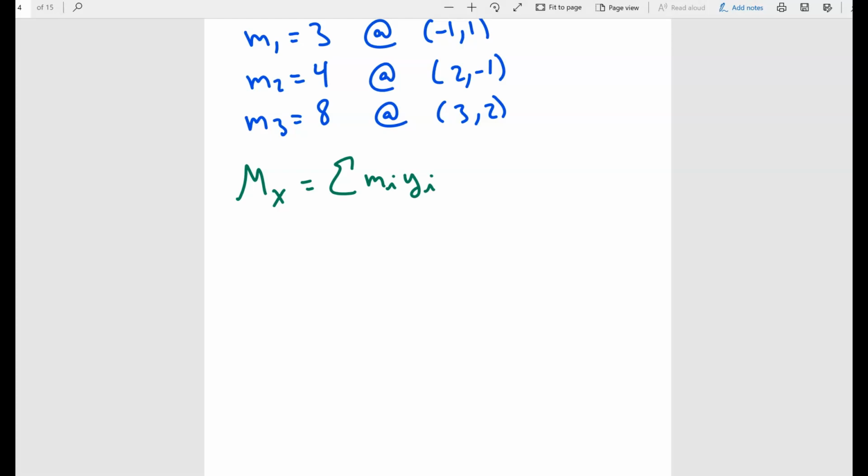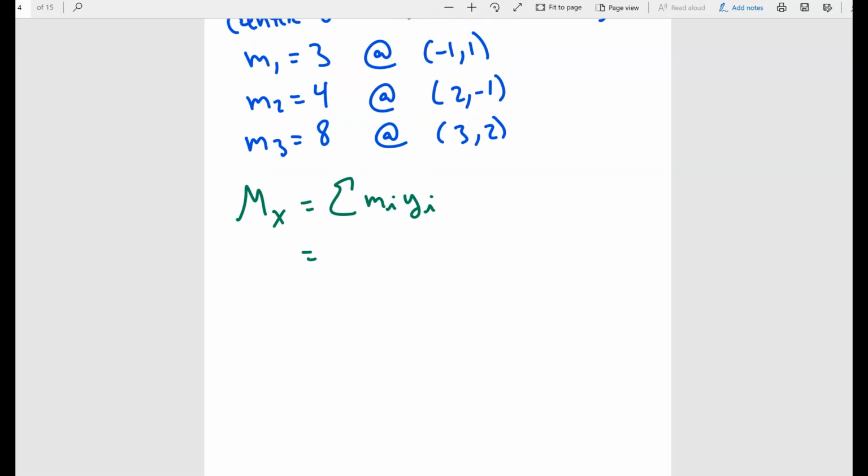That's going to be the moment about the x-axis. So you take each mass and its y component: 3 times 1 plus 4 times the y component, negative 1, plus 8 times the y component, which is 2. And that's going to give me 15.